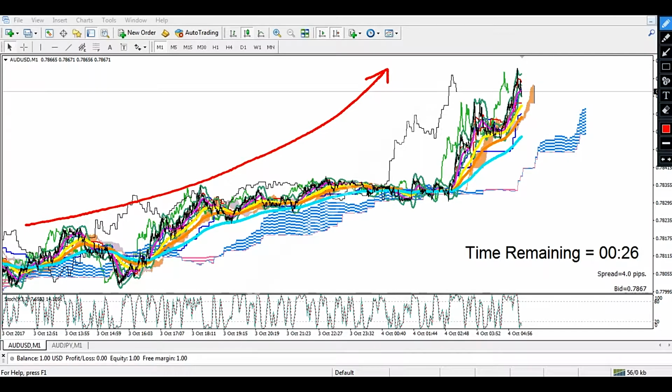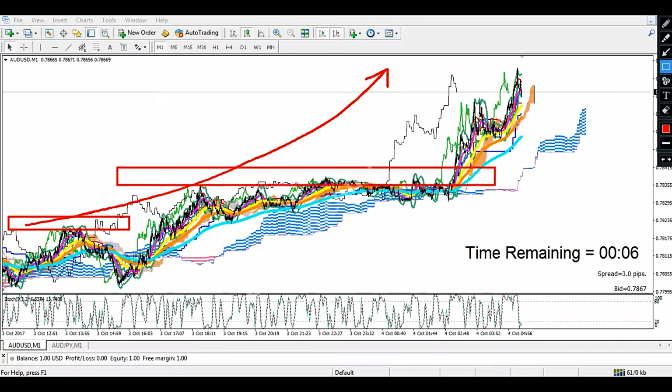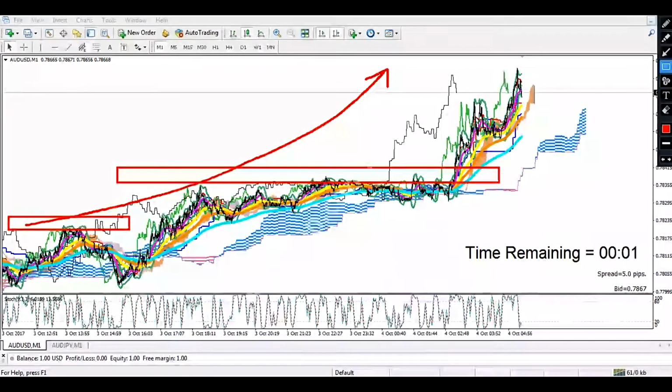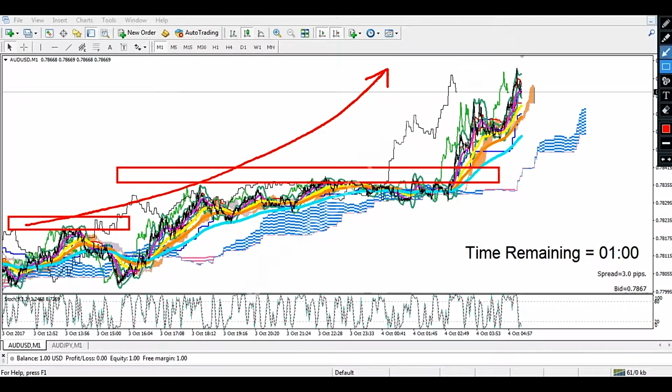So if you see this kind of movement, you better do not use a reversal strategy if you don't see a clear resistance line like this. So these resistance lines, you only could do reversal strategy when you see this kind of reversal lines resistance.